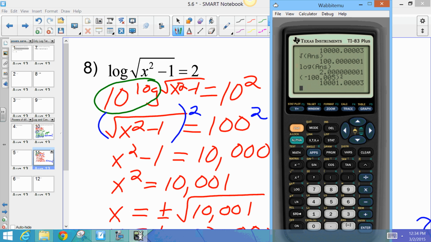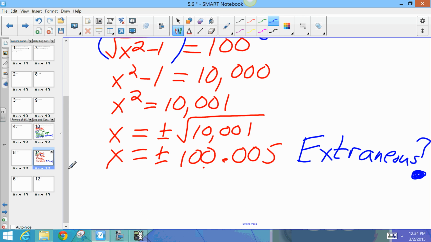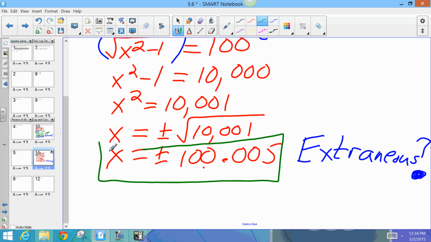We're not taking the square root of a negative when we do that. So there it is squared, subtract 1, square root, log, and again we get approximately 2. So therefore, both of these are true and correct answers. Alright, that's it for that video.